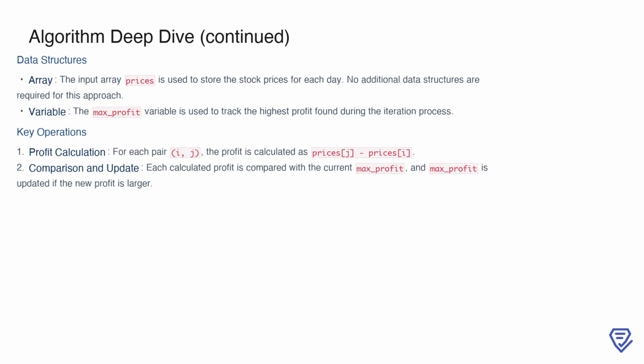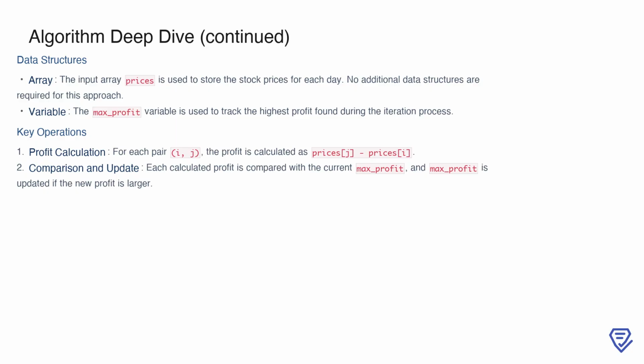The input array prices is the sole data structure required, as it stores the stock prices for each day. Beyond this, we use the variable max_profit to keep track of the highest profit we've encountered during the iteration process. The key operations in this algorithm are straightforward but computationally intensive. First, we calculate the profit for every pair of days, i, j, using the formula prices[j] minus prices[i].